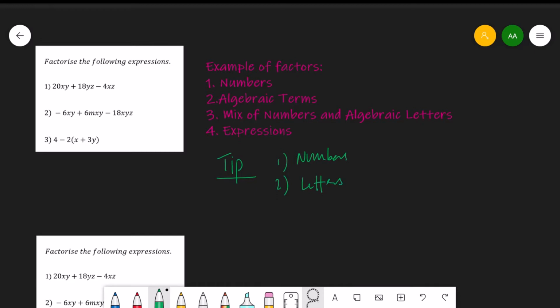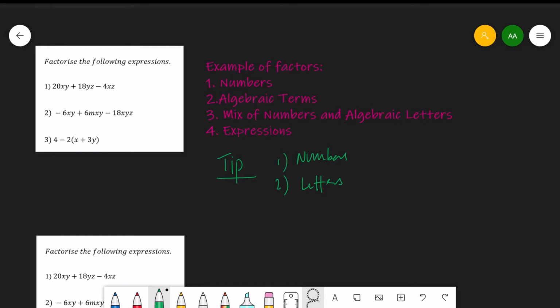Secondly, after you have done your factorization, you carry out the process of expansion to get back the same expression that you got in the first place, just to make sure that they are the same, and that will give you the confidence that what you have done is correct.